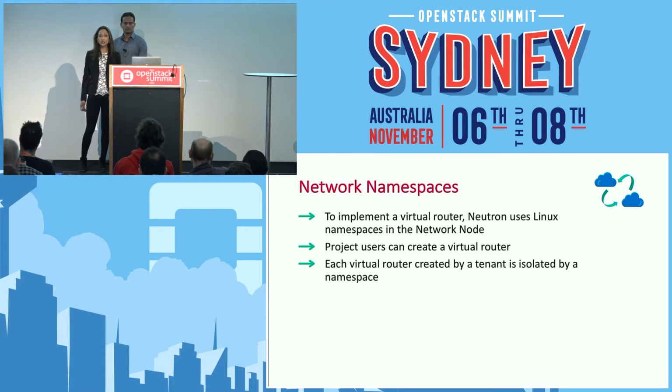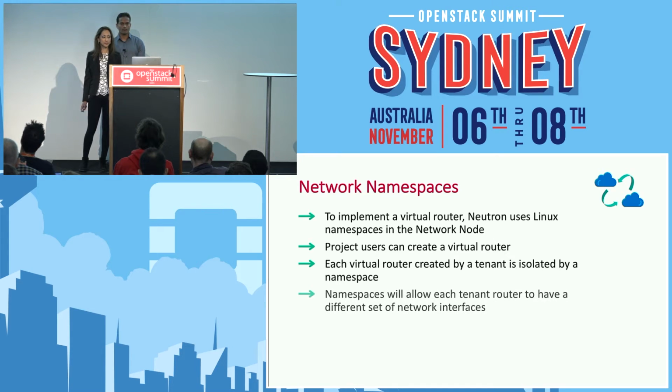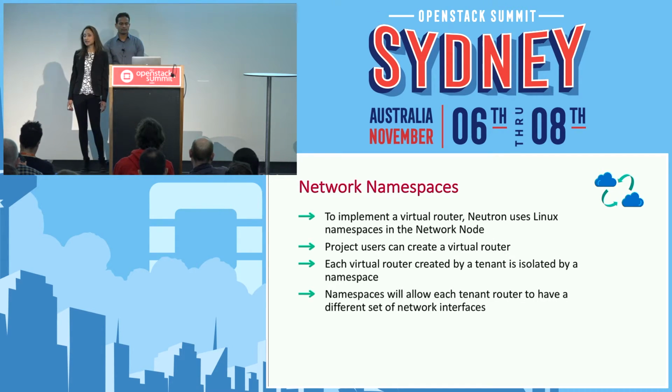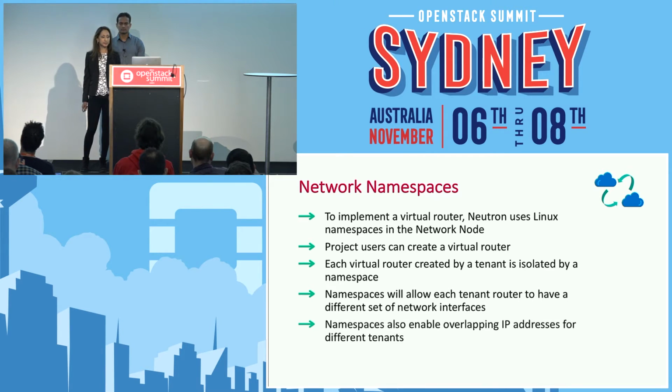Each virtual router that is created by a tenant is isolated from others by a namespace. Namespaces, as a result, allow each tenant router to have a different set of network interfaces. Namespaces also make it possible to have overlapping IP addresses amongst different tenants.